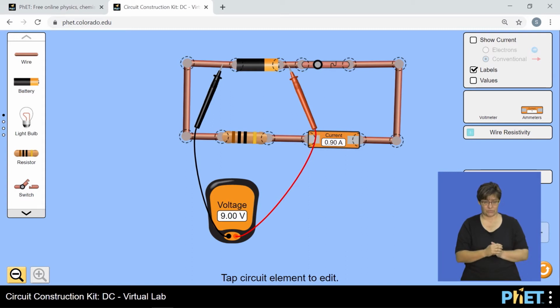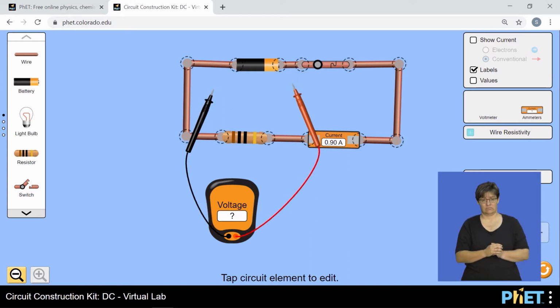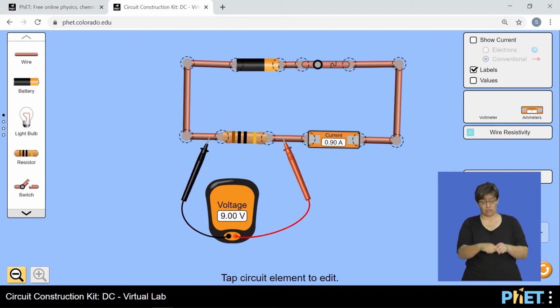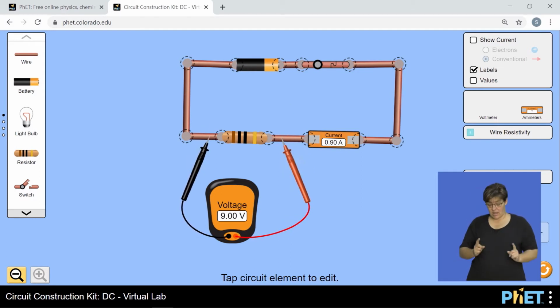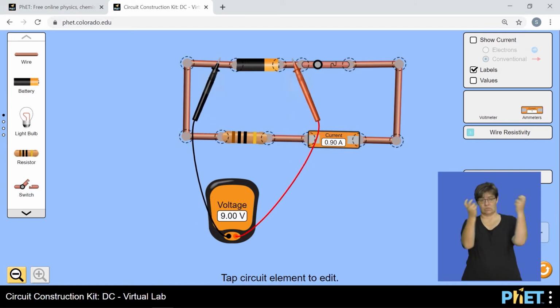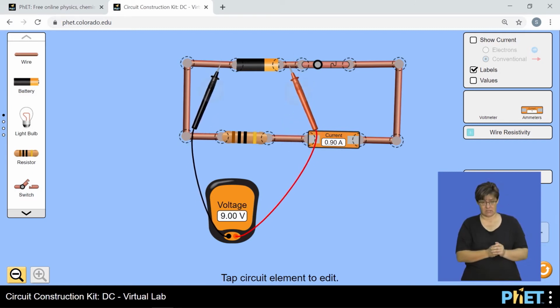If we use the value of potential difference across the resistor, it will give us the same thing because this is the only resistor in the circuit, so it gives us the total resistance. The voltage across the resistor is equal to the voltage across the source. So that's our value of terminal potential difference while the current is 0.9.